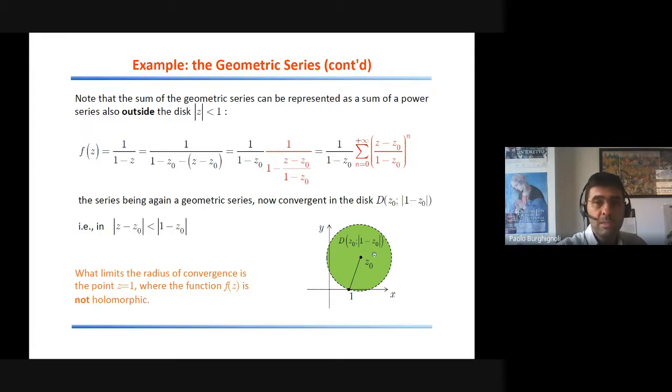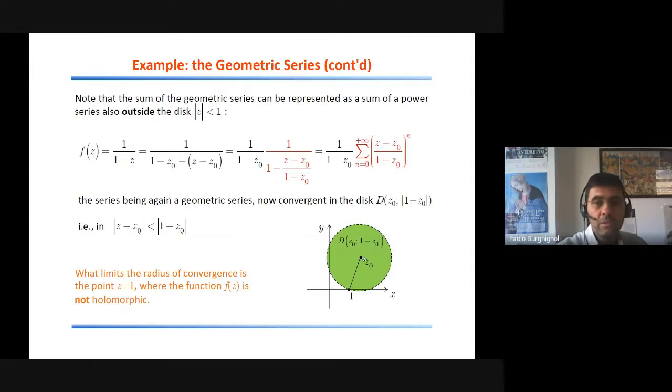Take an arbitrary z0, and if you manipulate the denominator by adding and subtracting z0 from the denominator, and then you factor out the factor 1 minus z0, what you end up with is this ratio here in red, which you can recognize is the sum of a geometric series whose term is here expressed as the ratio between z minus z0 and 1 minus z0. So we have a representation of the function f inside a new circle whose center is equal to z0 and whose radius is equal to 1 minus z0 in absolute value.